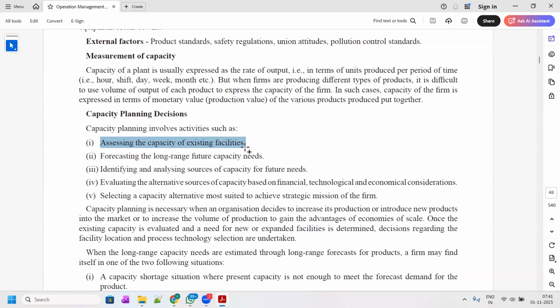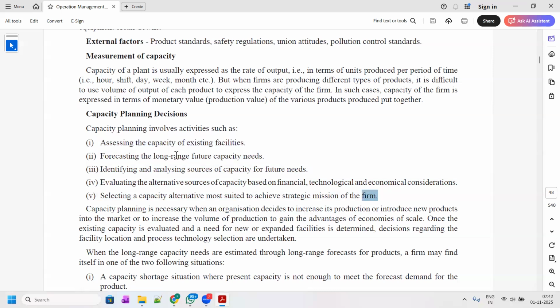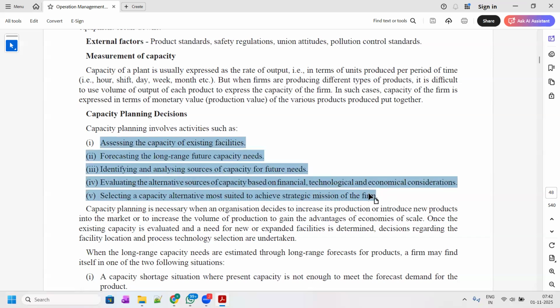Yes, sir. So when we are talking about capacity planning decisions, it involves a lot of factors. Once you go through these factors, you'll easily understand. Capacity planning is nothing but how you plan your existing resources so that you have production, and that production should meet the customer's needs at the right time.